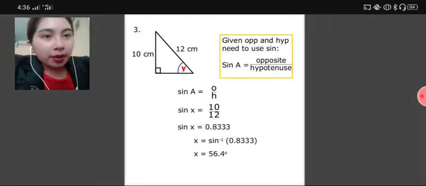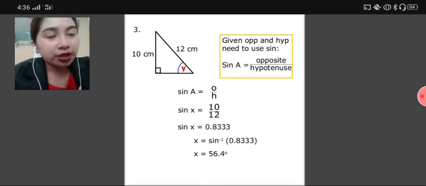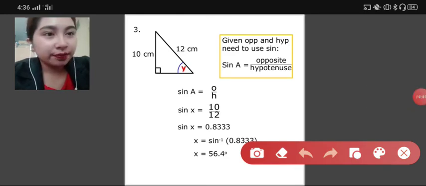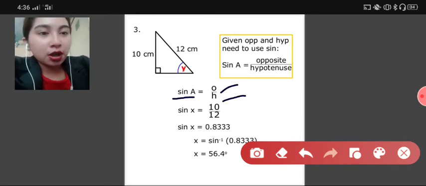So, dito naman, anong kailangan nating hanapin? Given na yung opposite tsaka hypotenuse natin, and hanapin naman natin dito is ang adjacent side. Since given yung opposite and hypotenuse, gagamitin natin yung SO. SO means sine is equals to opposite over hypotenuse.